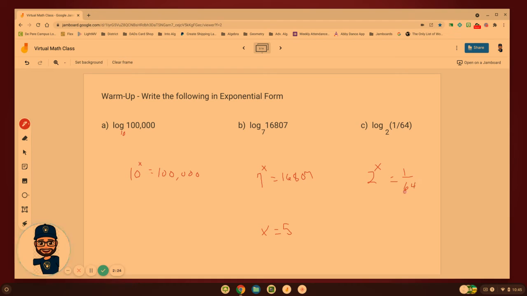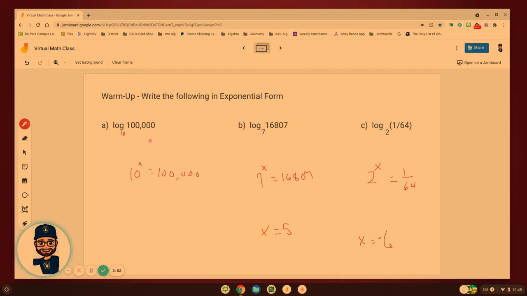Again, that'll allow us to figure out 2 to what power. Anytime this turns into a fraction, x is going to have to be a negative value. In this case, 2, 4, 8, 16, 32, so 6 would be 64. 2 to the 6th is 64, but to move it to the bottom means it was a negative.